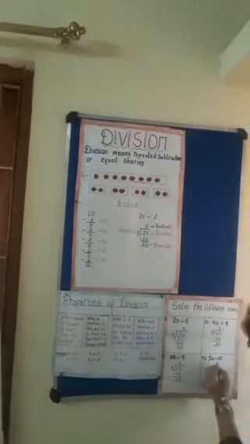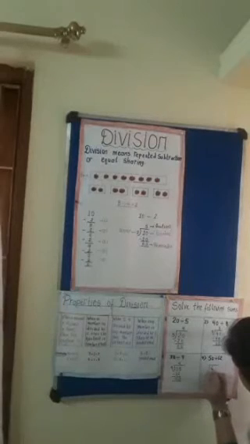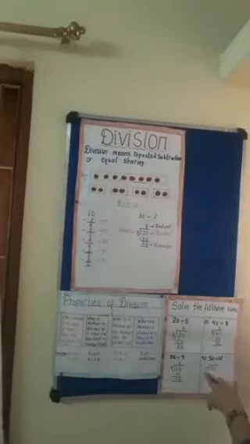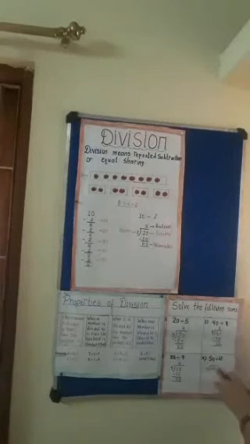Fourth sum, 50 divided by 12. Here divisor is 12. 12 1 ja 12, 12 2 ja 24, 12 3 ja 36, 12 4 ja 48, 12 5 ja 60. 50 is not coming in the table of 12.